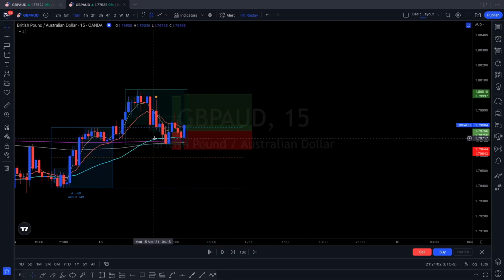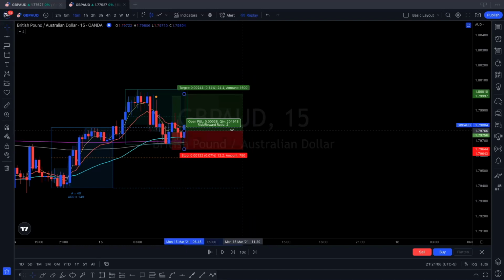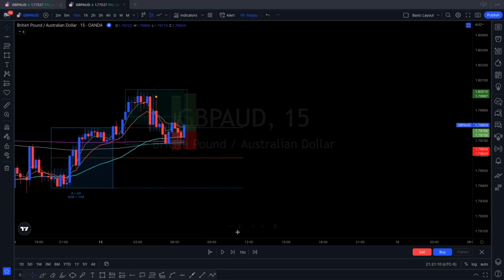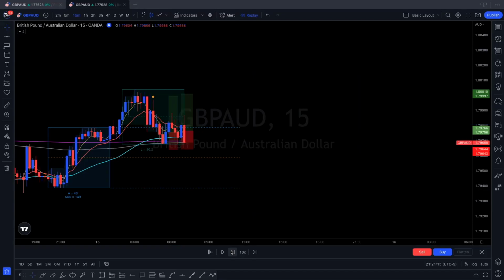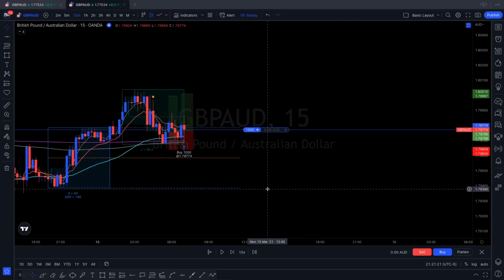But ultimately, it's going to boil down to whether or not you actually get a pullback on that next candle. So you do get a pullback on the next candle, right? So you would buy on the pullback of that candle.